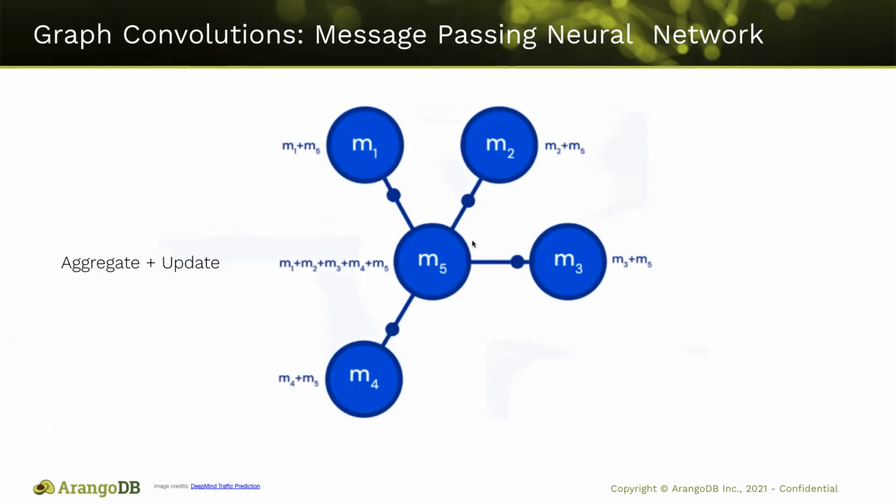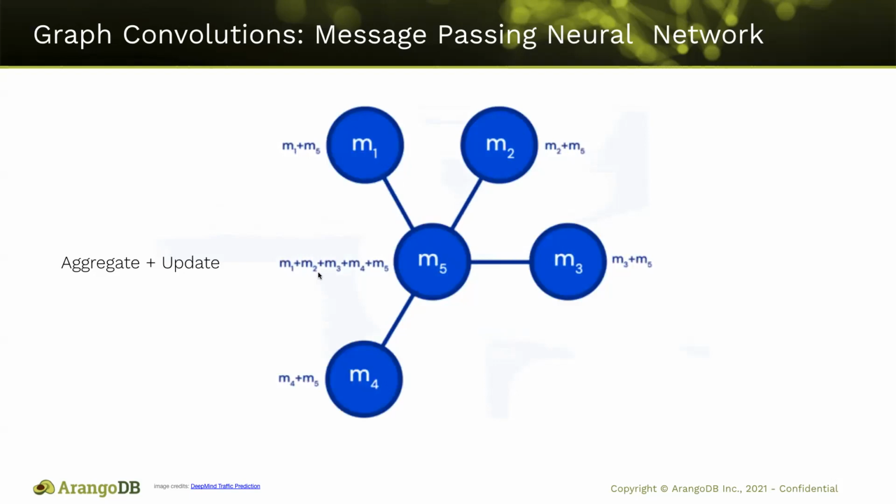We aggregate the features from the neighborhood of a node and then update the target node features with these aggregated features. For example, in this diagram, you can see how all of these nodes are aggregating features from their neighborhood. For example, this node is pulling out features, asking its neighbors to please provide their knowledge, or their features.